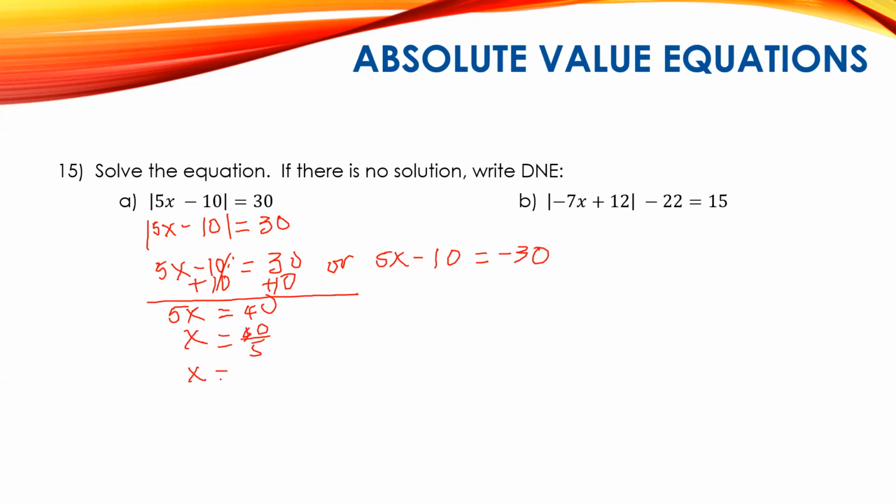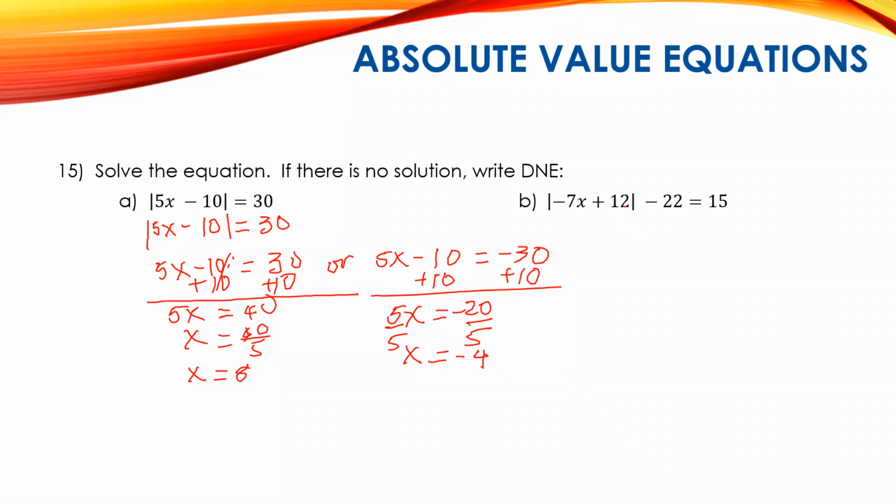That will be x equals 8. And this one, plus 10, 5x equals negative 20, divided by 5. That will be x equals negative 4. Those are the two solutions for that one.